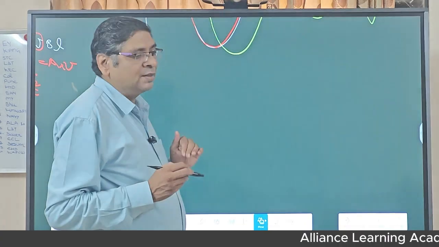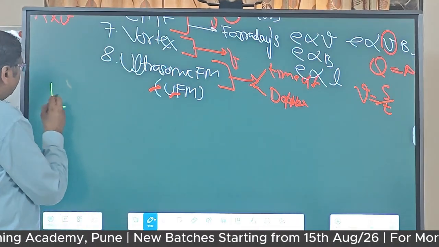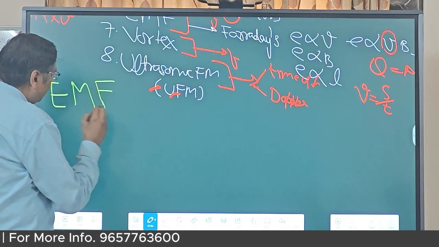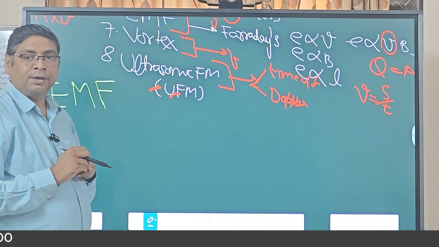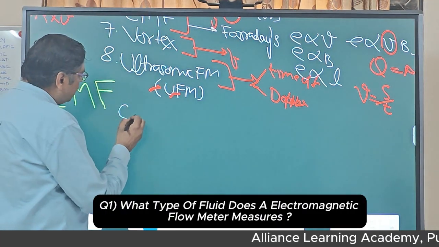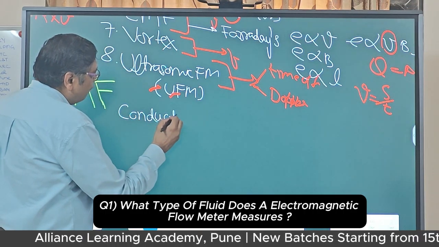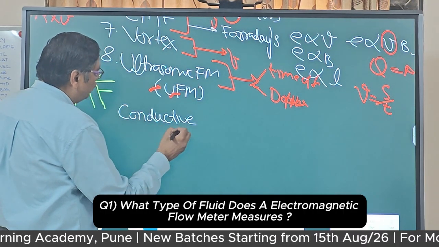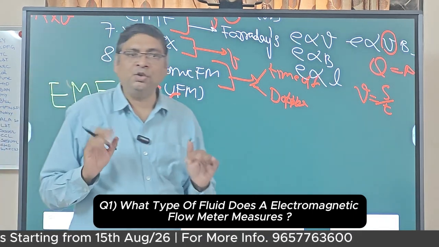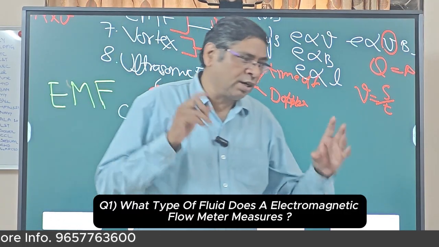Now after the mass flow meter, there is the EMF, electromagnetic flow meter, right? In the electromagnetic flow meter, the important thing is conductive fluids. If the fluid is not conductive, then you cannot use an electromagnetic flow meter. You can use it only in applications where the fluid is conductive.